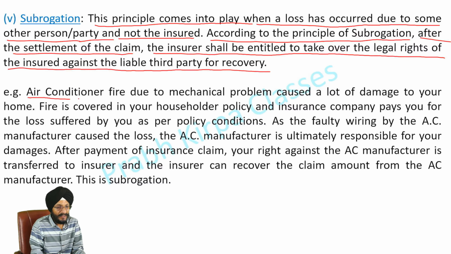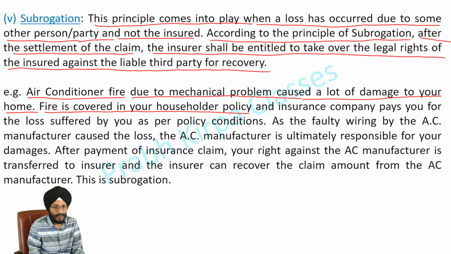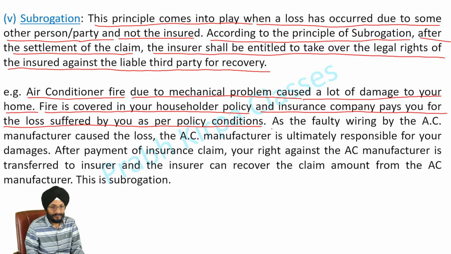For example, an air conditioner fire due to a mechanical problem caused a lot of damage to your home. Fire is covered in your householder policy and the insurance company pays you for the loss suffered by you as per policy conditions.